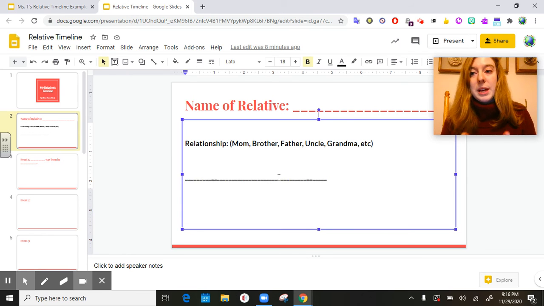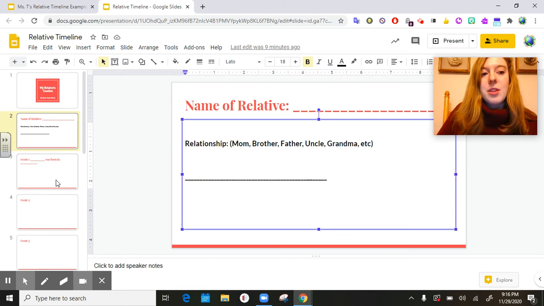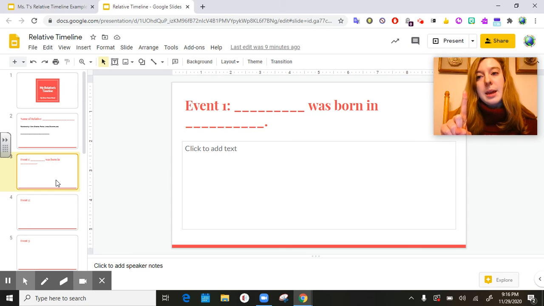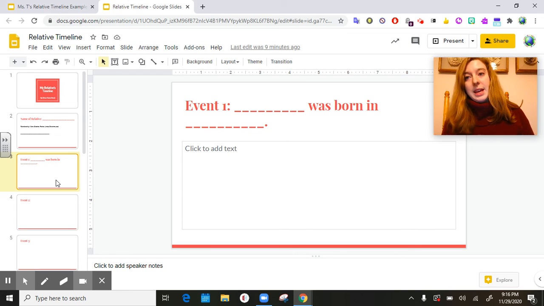So the person you picked, are they your uncle, your grandma, your brother? Who are they? And then the first event will be the same for everybody. So you'll put their name or their relationship. So you could say their name or you could say their relationship and was born in, and then tell me what year they were born.